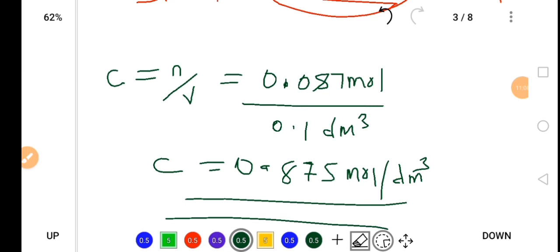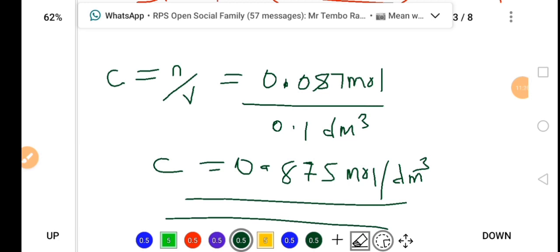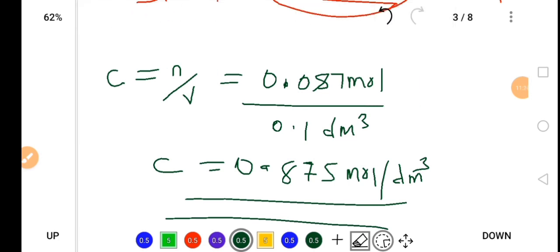What will be changing is just the volume and the concentration. And the concentration itself will depend on the number of moles and the volume. So the factors that affect the concentration are, number one, the number of moles in that solution and the volume of the solution or the volume of the solvent, which is actually equivalent.